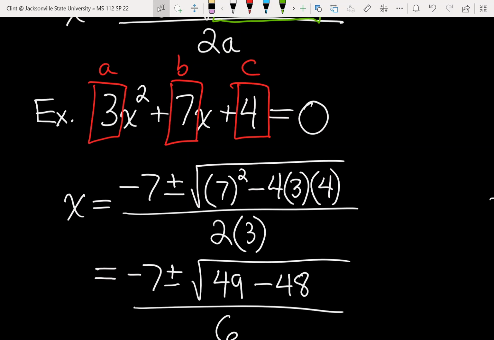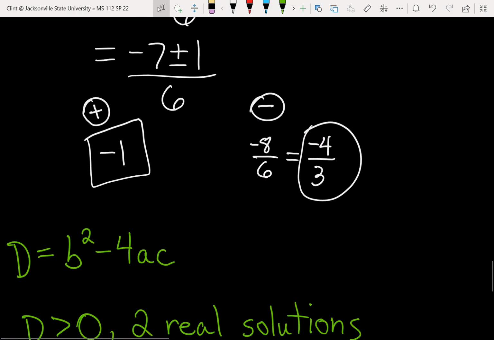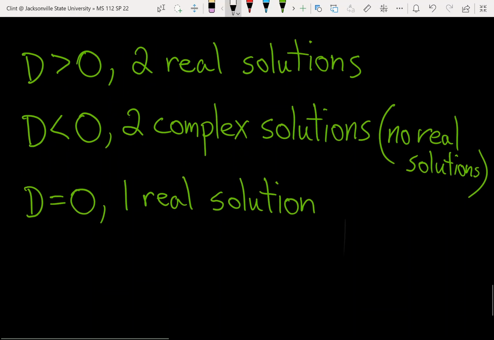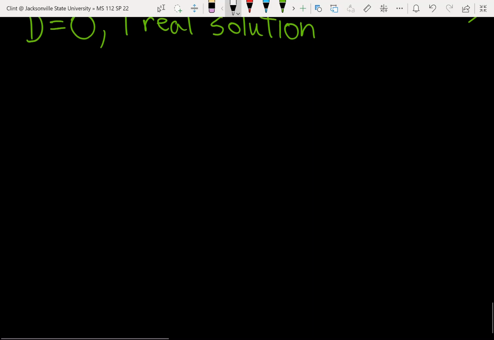There's actually a pretty good bit more information you can get from the discriminant, but we won't. Those are the ones to focus on. Here's our discriminant information.